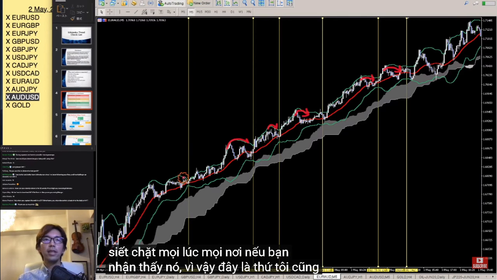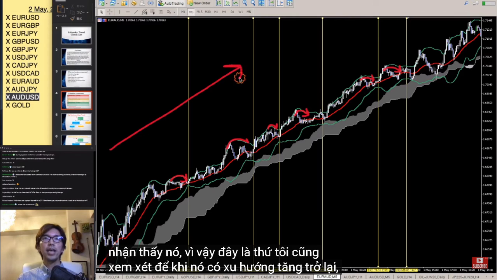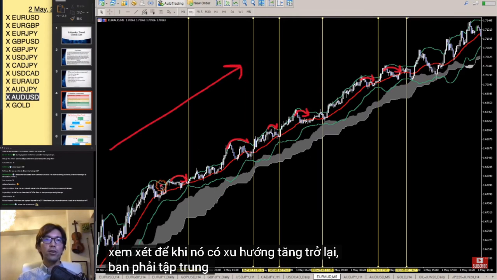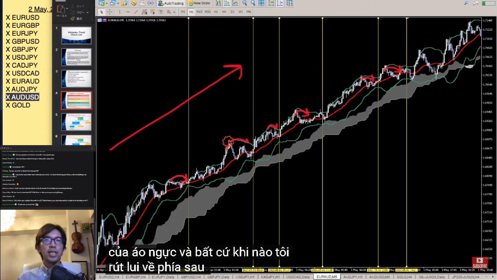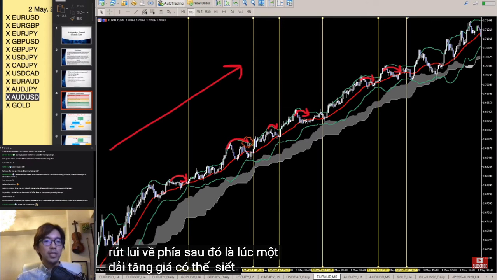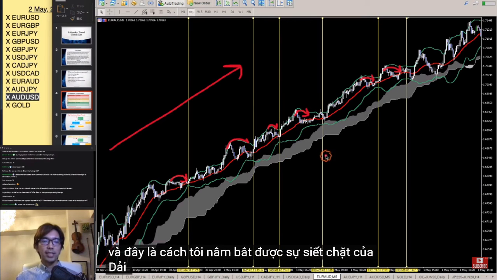This is something I look at too. So when it's an uptrend, you have to focus on the upper part of the Bollinger Band, and whenever it retraces backwards, that's when the Bollinger Band might be squeezing. And this is how I capture the squeeze of the Bollinger Band.